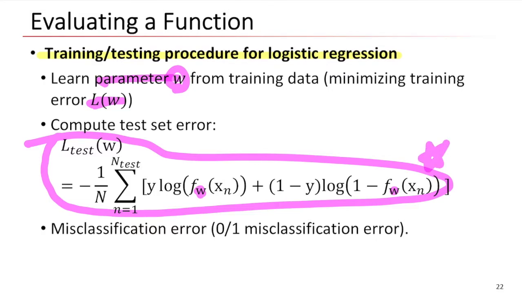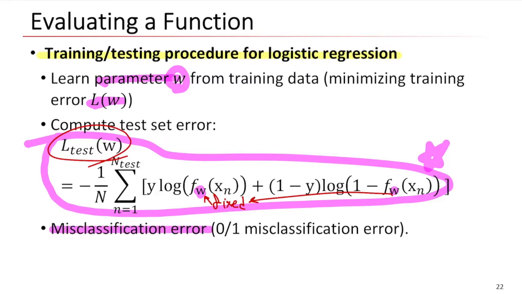Similar to the linear regression problem, W is fixed, and we just compute the test error. Then we can determine whether that parameter has good generalization or not.